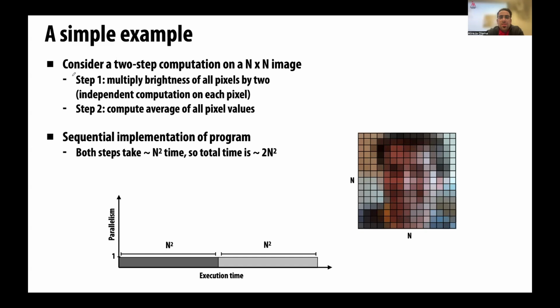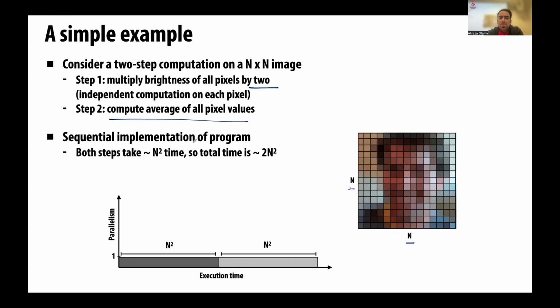Here we consider this image brightness application. So we have an n by n image, n by n pixels. And then what we want to do is to multiply the value of each pixel by a number, for example, 2, right? So this is the first step that we want to do, and then we want to compute the average, okay?